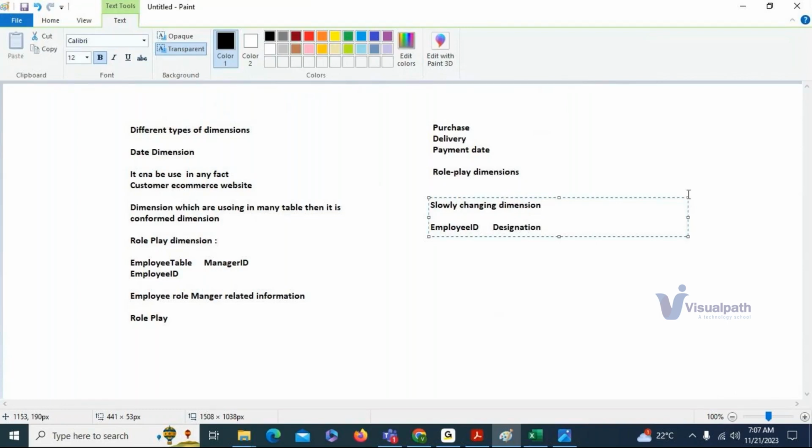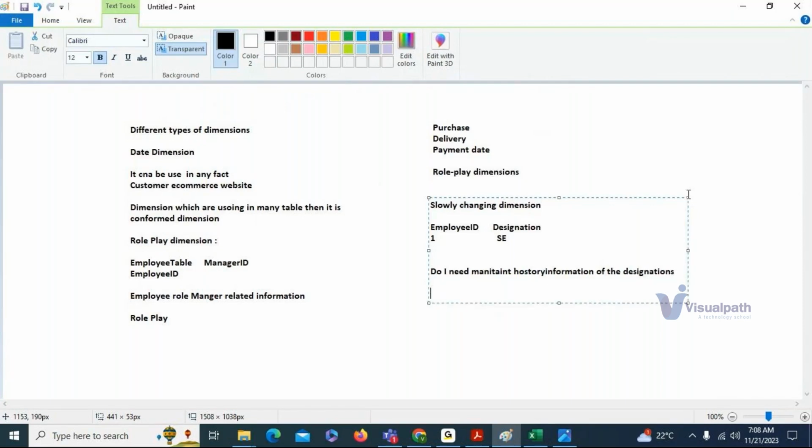Let's say this employee ID 1, his designation is software engineer. Tomorrow he gets promoted to senior software engineer. Do I need to maintain history information of the designations?